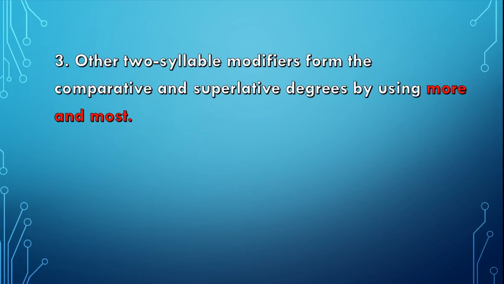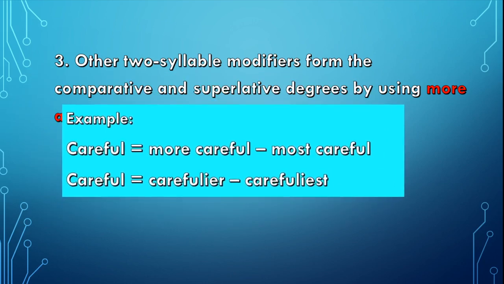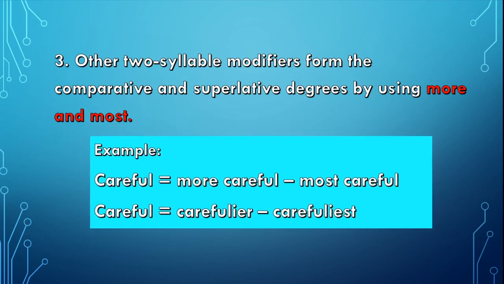Number 3. Other two-syllable modifiers form the comparative and superlative degrees by using more and most. Example: careful is equal to more careful and most careful.